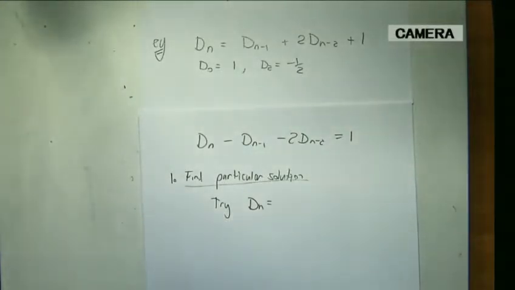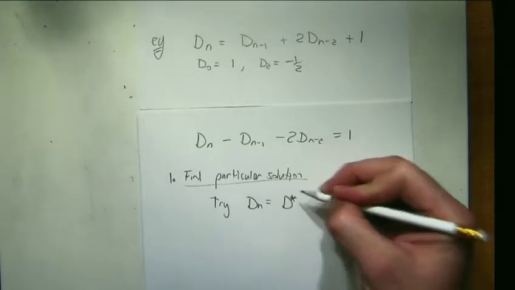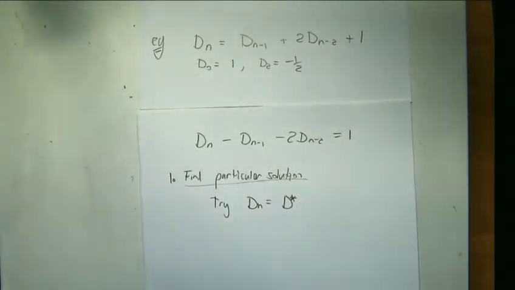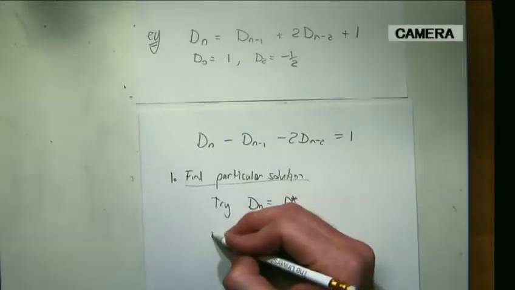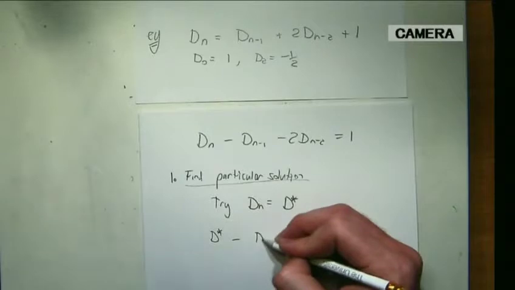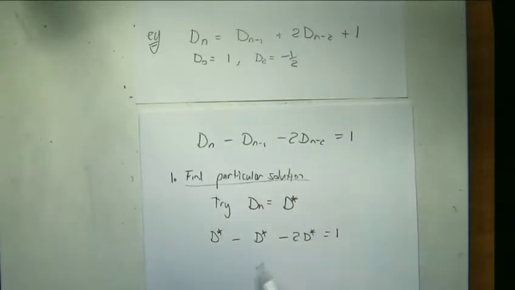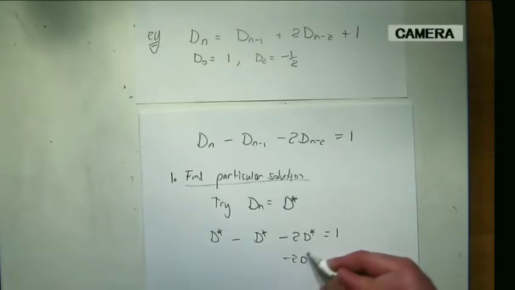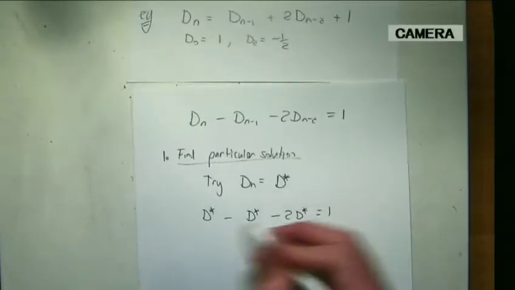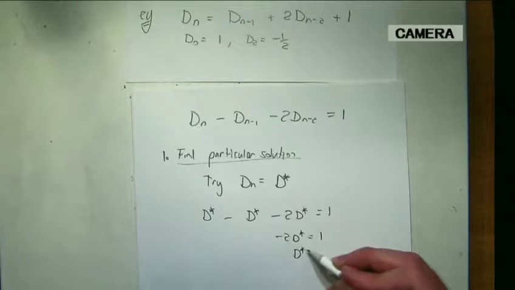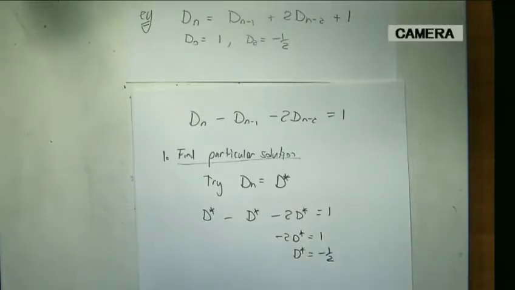Normally you'd use A star, but it is a D, so I might as well use D star because that sounds like the reasonable thing to do. I'll sub that in and see what I get. So we've got D star minus D star minus 2 D star equals 1. So we've got minus 2 D star equals 1 because they cancel each other out. So D star equals minus a half.